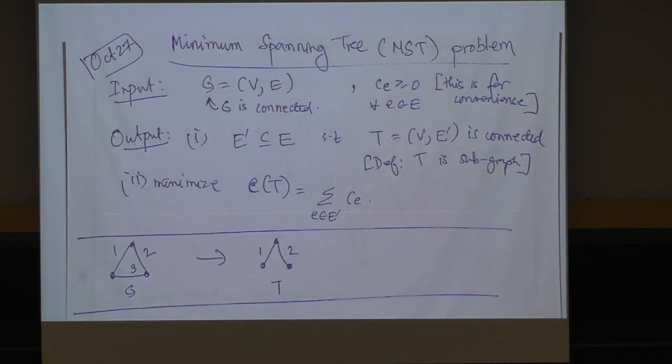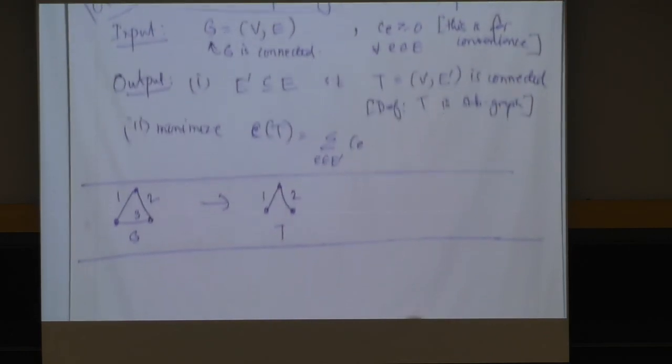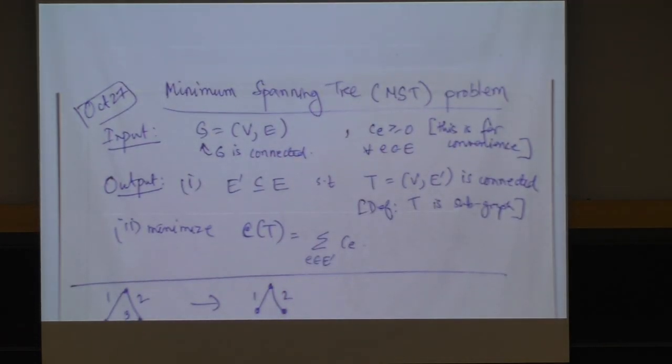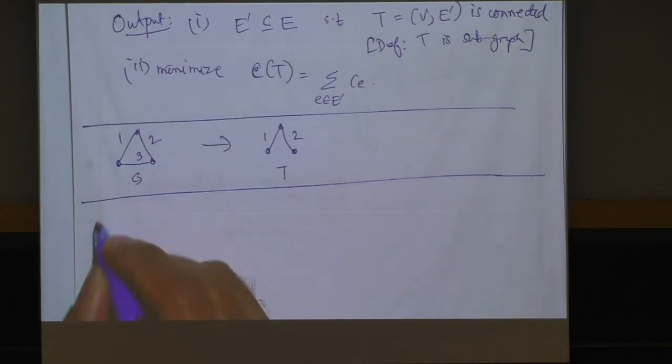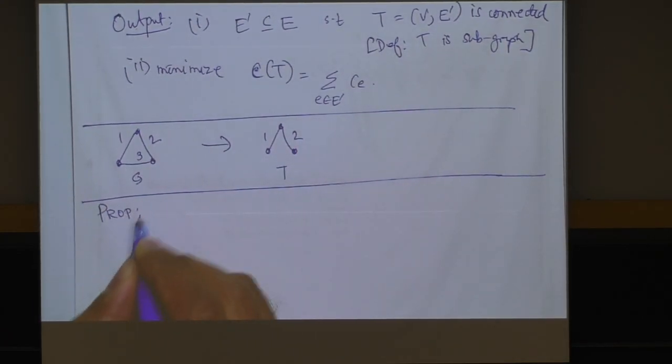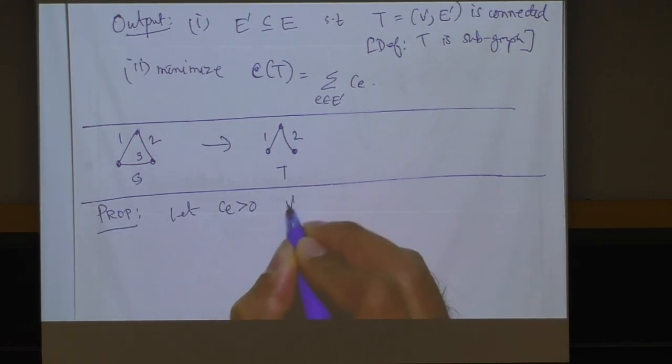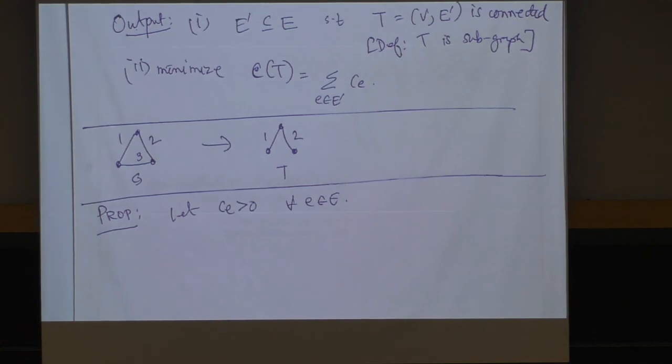Okay, so let's prove a small proposition that will justify using the phrase tree. We're going to look at the case where the edge costs are strictly positive, and again in the fiber example this is perfectly valid. Putting down anything will cost you at least a non-zero amount of dollars.